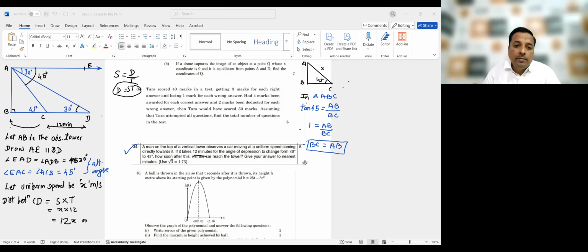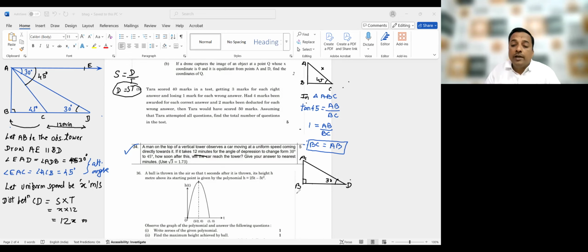Now take the bigger triangle. I want a value of tan 30. A, B and here is D. This is 30 degree.